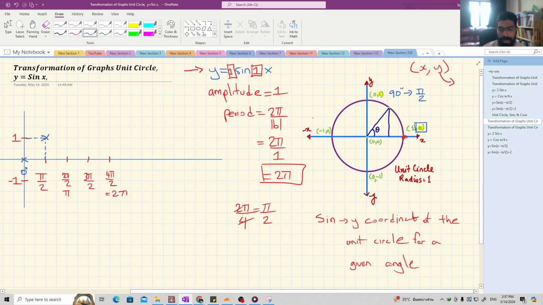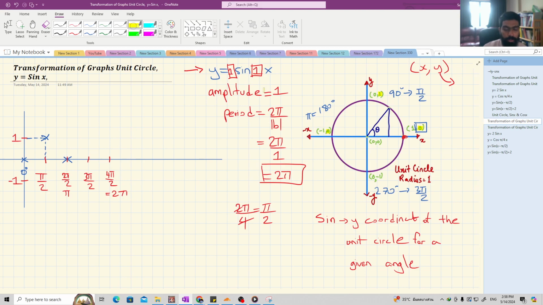Now for 180 degrees or pi, pi can be written as pi or 180 degrees. Now we see that sine has a value of 0, which I just highlighted. Now let us go ahead and put a cross at 0. Now going towards 270 degrees, 270 degrees can also be written as 3 pi over 2.